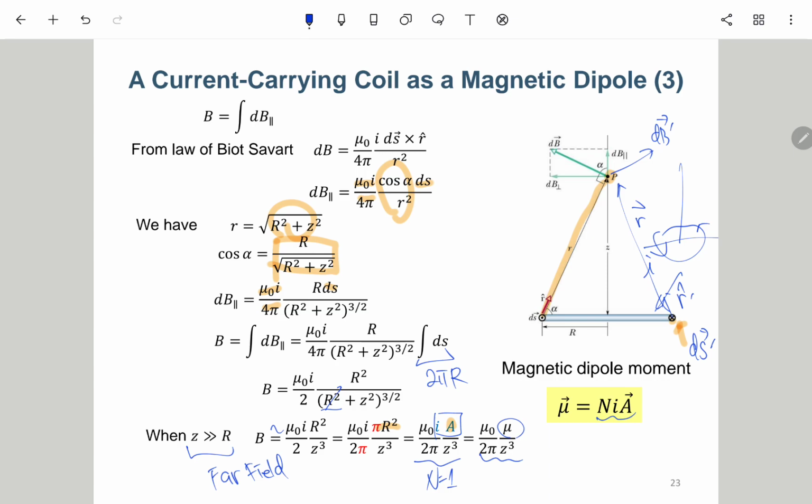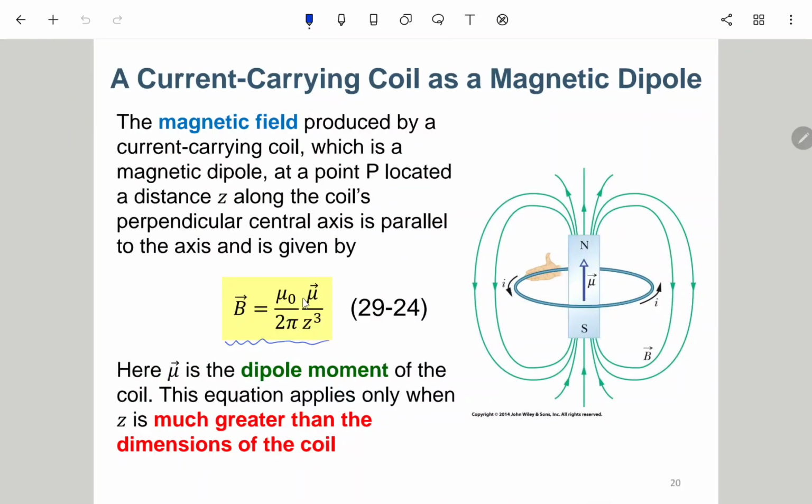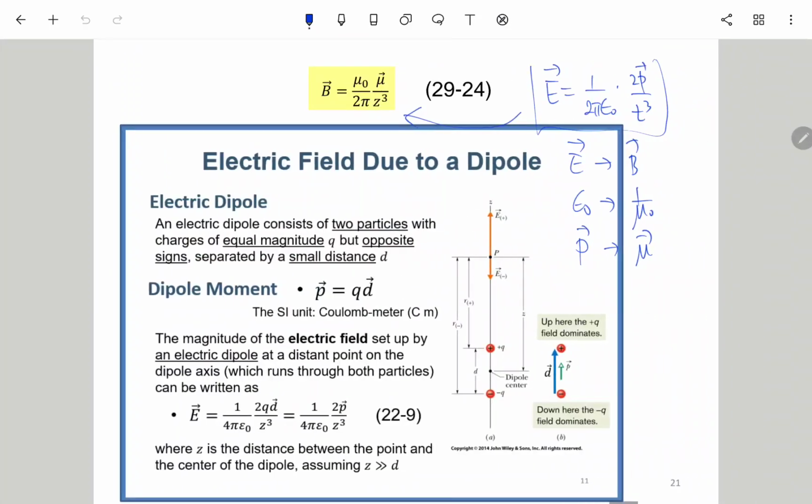If we have multiple turns, we automatically have this N, so it becomes the general NIA, which is the magnetic dipole moment. So finally this term we can write as mu, so that this expression is the proof of this equation.